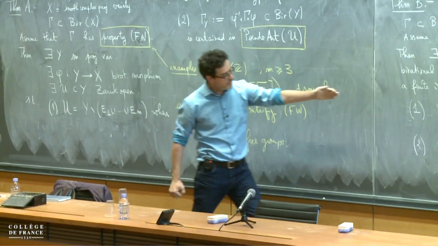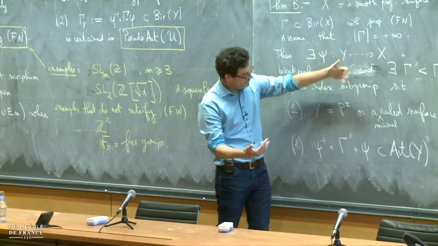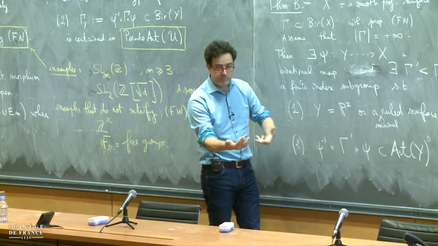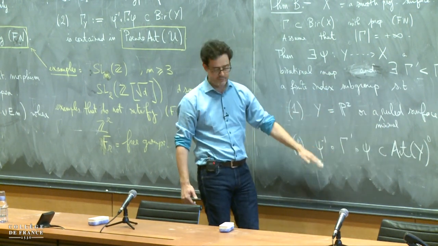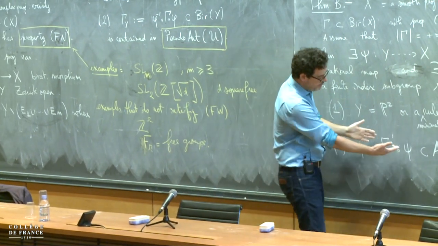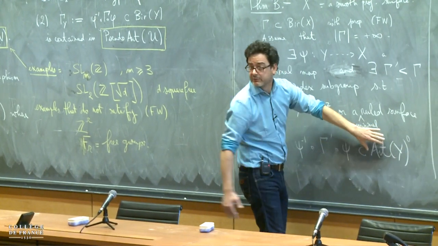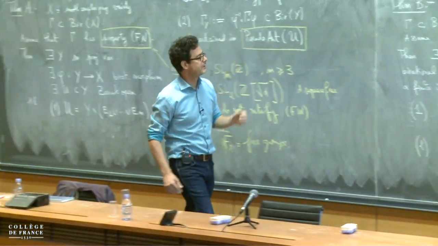Okay, so for P2, this means that the group is contained in PGL3. For P1 times P1, this means that the group is contained in PGL2 times PGL2, and so you end up with a finite dimensional group. That's the important result. Okay?